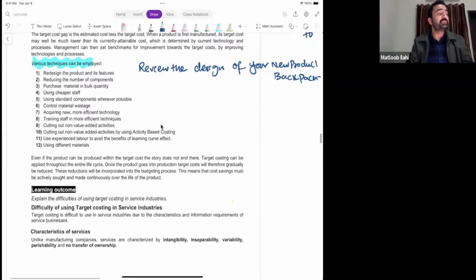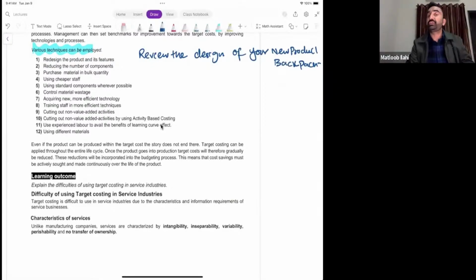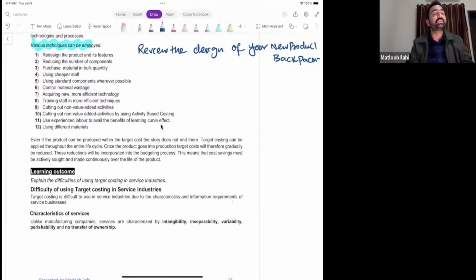Reducing number of components, purchasing materials in bulk quantity, using cheaper stuff, using standard components wherever possible, controlling material wastage, acquiring new, more efficient technology, training staff in more efficient techniques, cutting out non-value added activities by using ABC, using experienced labor to take the benefit of learning curve effect, and using different materials.